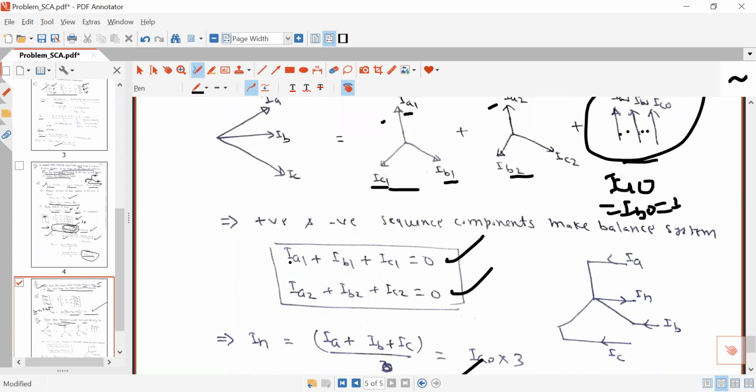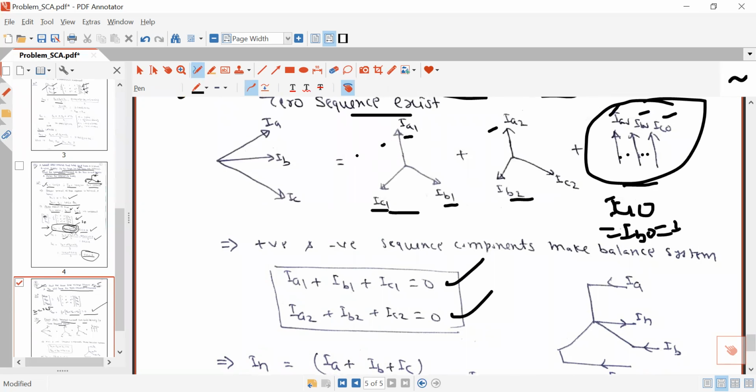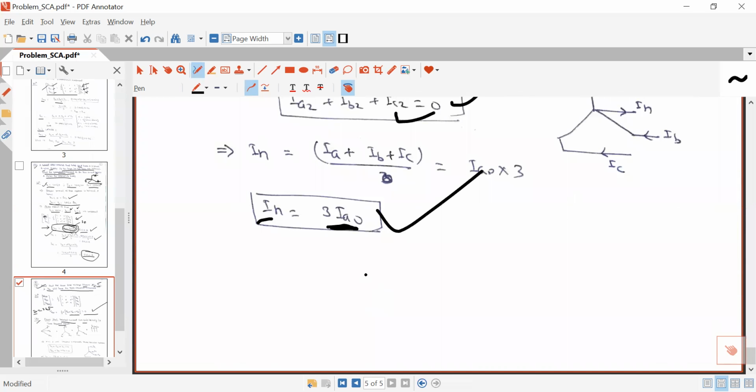You can see that when you add the phasors for the positive sequence, you get 0. When you add the phasors for the negative sequence, you get 0. So in the positive and negative sequence networks, there will be no neutral current. Neutral current will exist only when zero sequence currents exist in the system. So in this way, you can prove this statement.